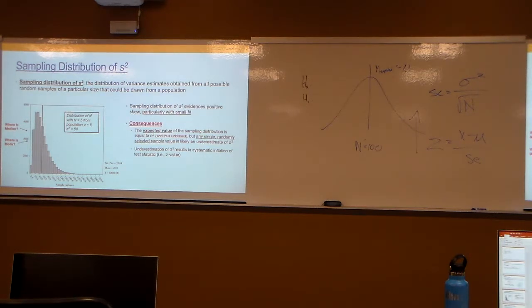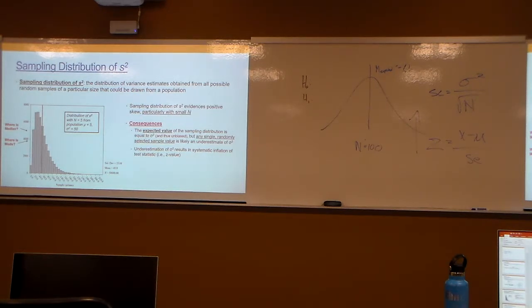It's going to be too high because for any sample of 8 that I collect, even once I calculate and use the correction to make my sample variance unbiased, if I'm looking at the sampling distribution of my sample variance, I'm still going to underestimate on any individual sample I get, and that's going to mean my standard error is too small, which is going to inflate my z value, which means I'm going to reject the null hypothesis potentially far more than I normally would under normal circumstances when I actually have an appropriate estimation of this.